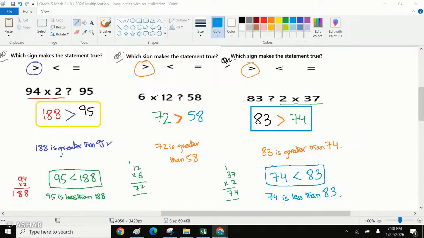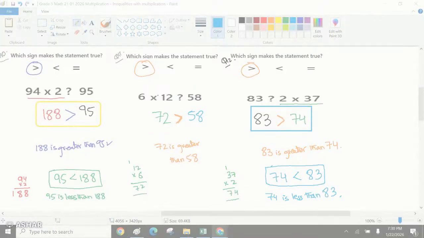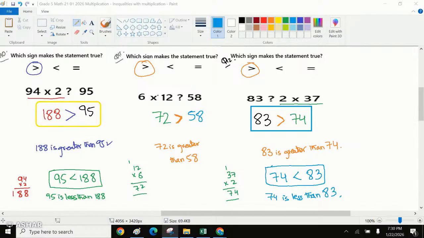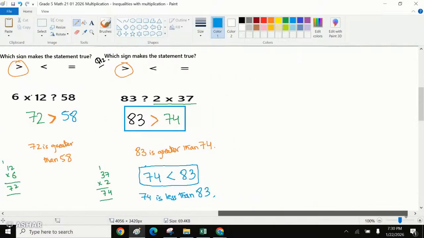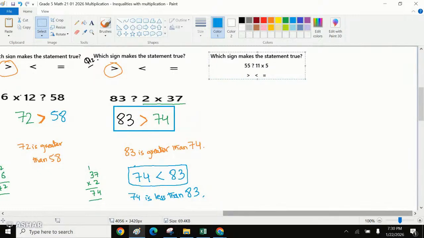The next question says, which sign makes the statement true? Let's see. 55, question mark, 11 multiplied by 5. Okay, let's have a look. This is question number 13.